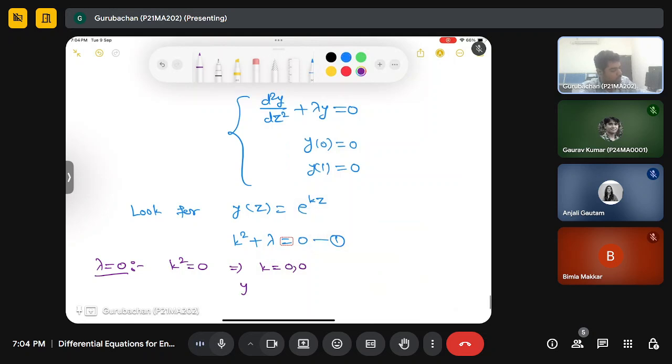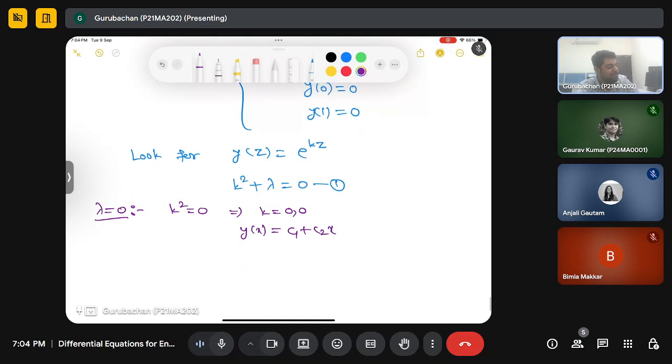So y of x will look like c1 plus c2 x. Since we are given y0 is 0 and y1 is 0, y0 is 0 will imply that c1 is 0, and y1 is 0 will imply c2 is 0.